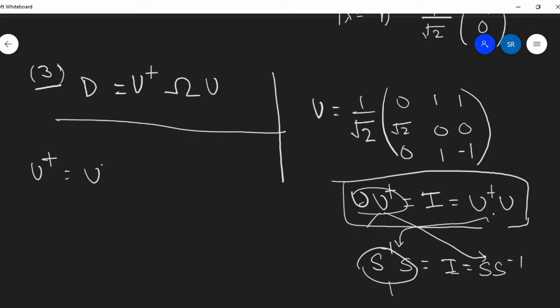But since this whole matrix is a real matrix with real numbers, it is just the transpose. Yeah, the transpose. So this U dagger gives us 0, 1, 1. Yeah, 0, 0 here, and root 2. Okay, this is just messed up.